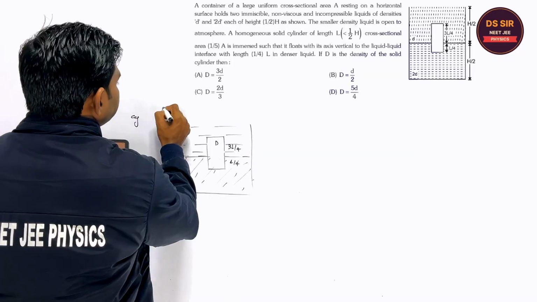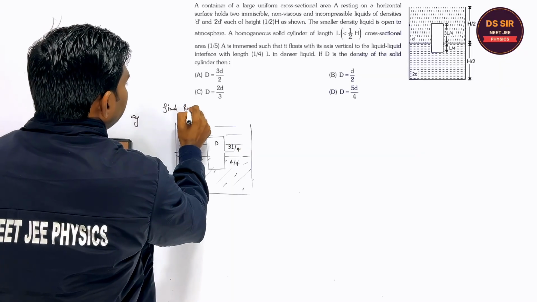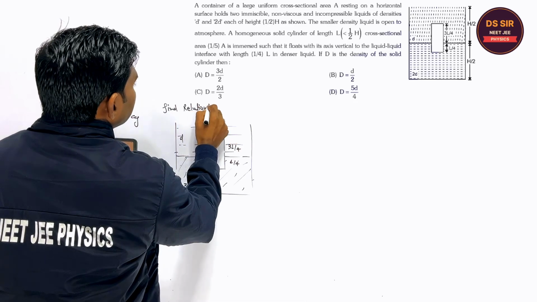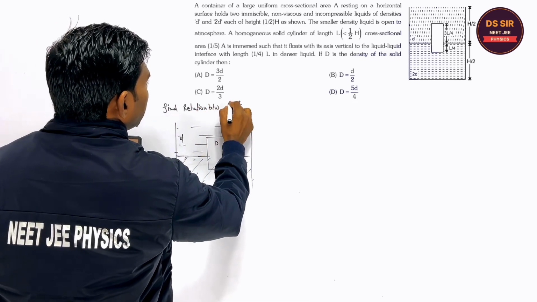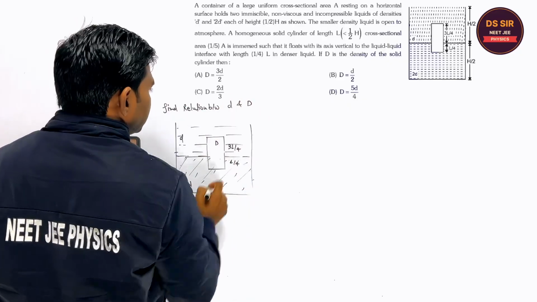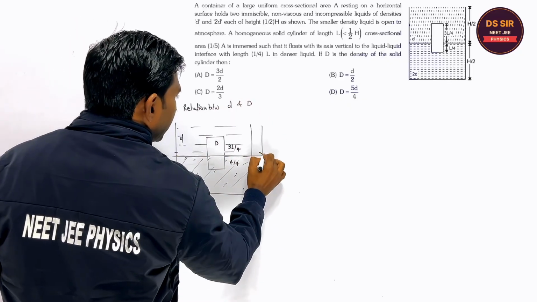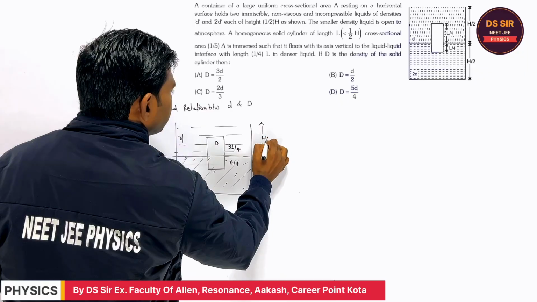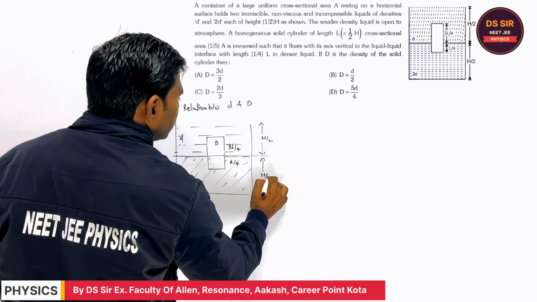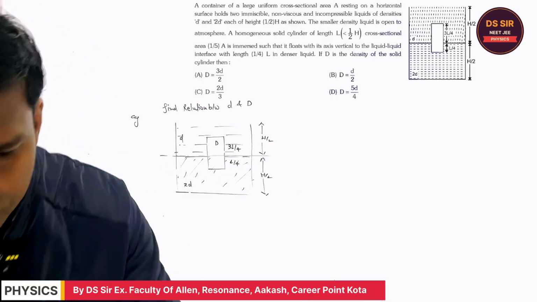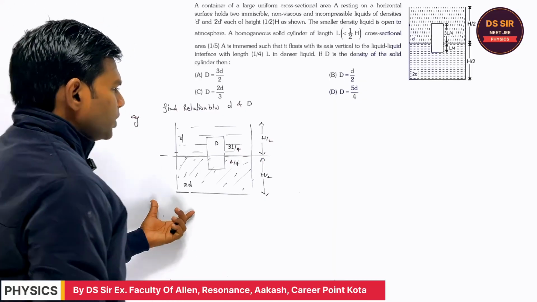You have to find the relation between small d and capital D, such that this height in the figure is given as h by 2 and this height is given as h by 2. Is it clear or not? That is the question, right?